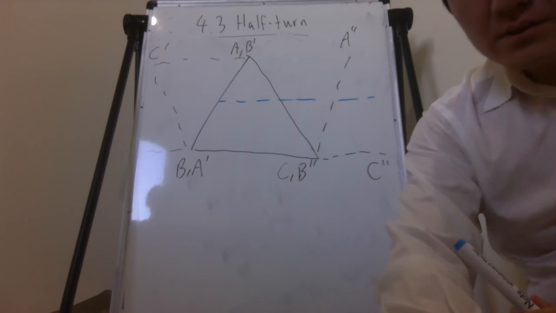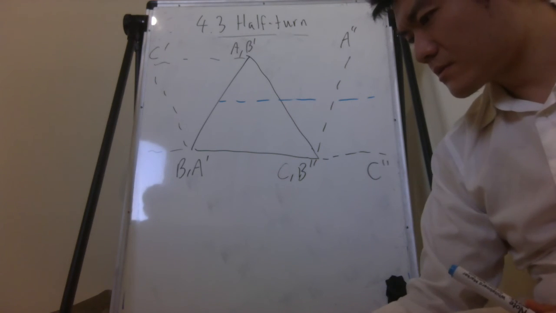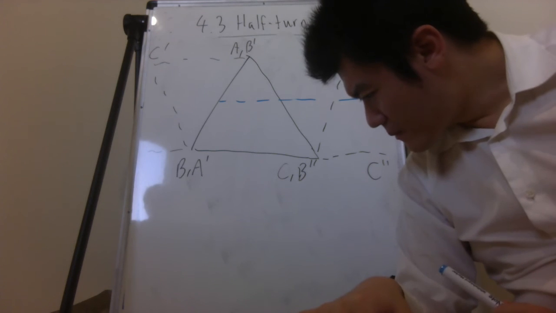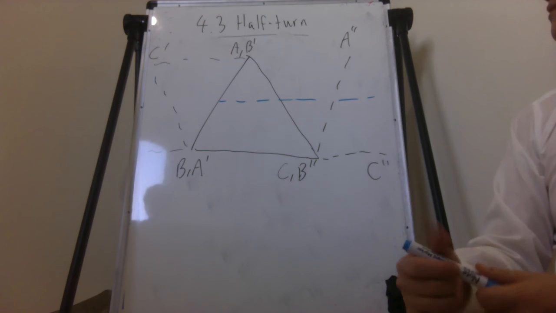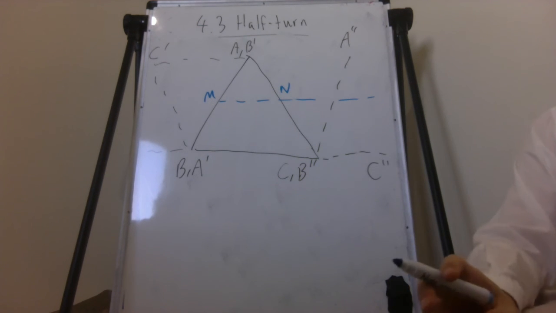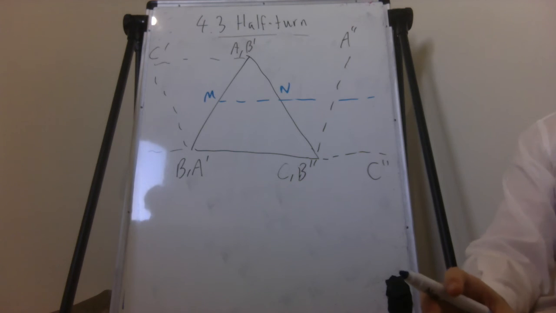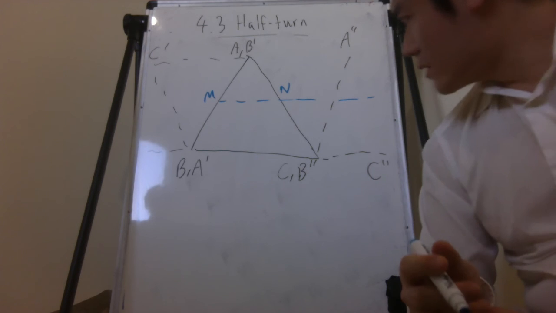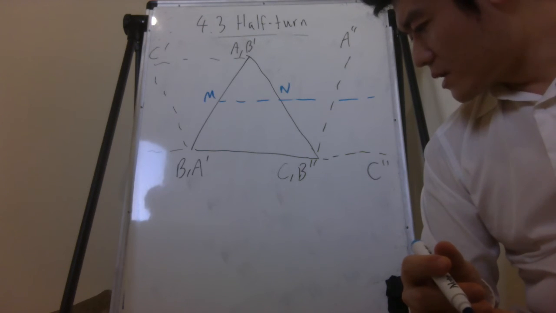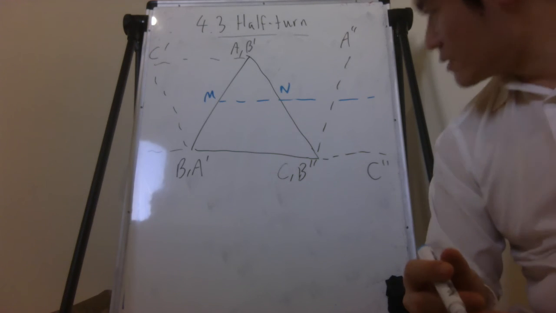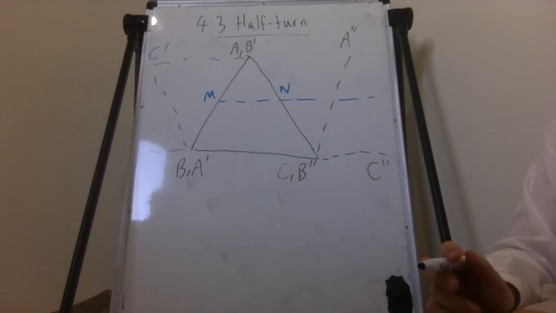Okay, let's see what it's asking us. So in this figure, M and N being the midpoints of AB and AC, the sum of the half turns about these two points is the translation M double prime M, or BC. Translation BC.